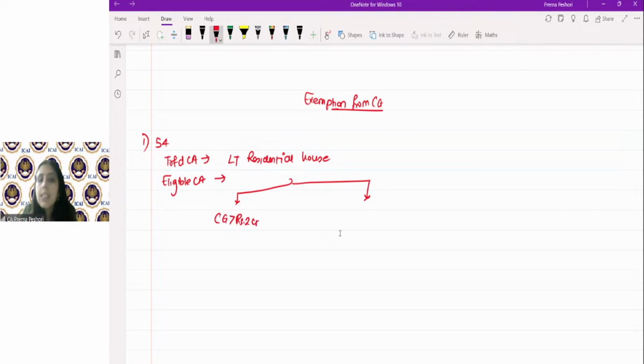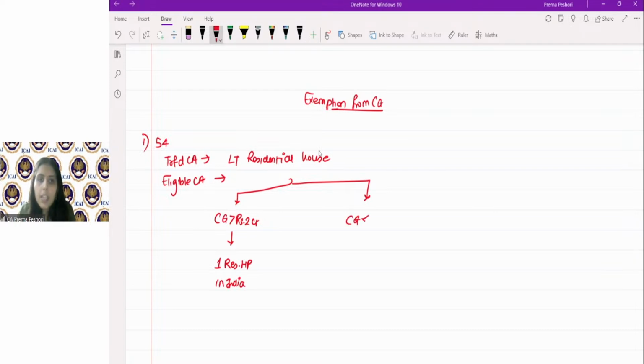Where the capital gain exceeds 2 CR, then you can invest in one residential house property in India.